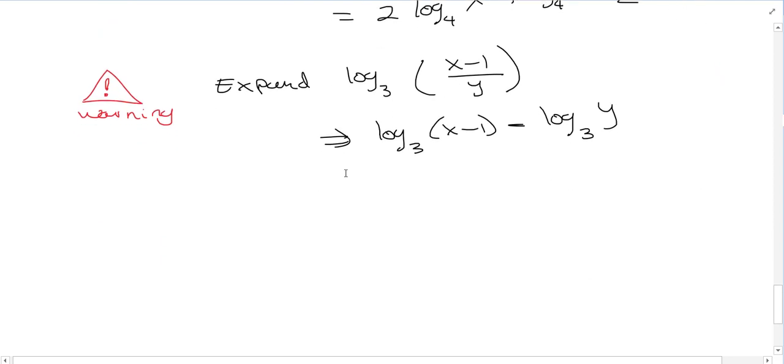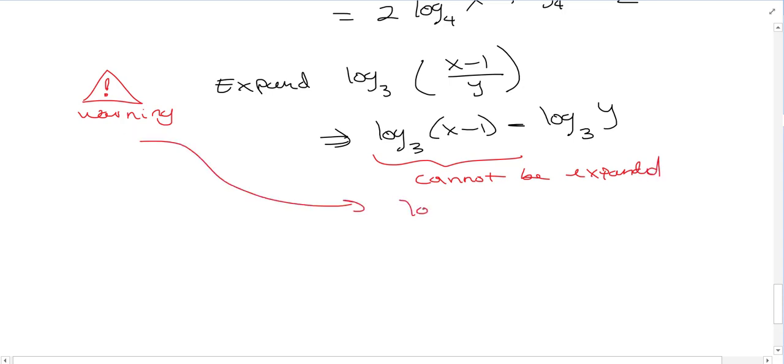So when you see log base 3 of x minus 1, there is nothing we can do. This cannot be expanded anymore. So my warning is that log base 3 of x minus 1 is not equal to log base 3 of x minus log base 3 of 1. So be careful about that.